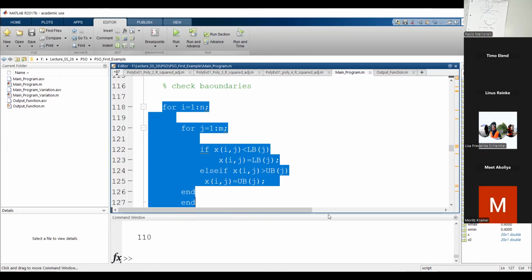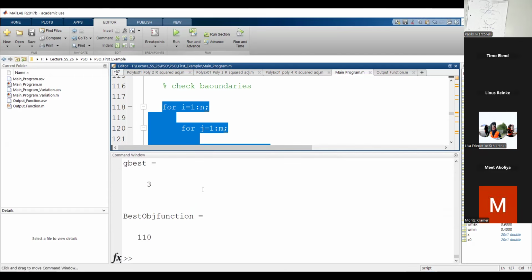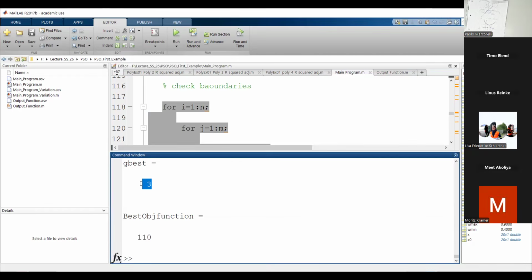Now we are waiting for 3. No? In fact, it's not 100, 110. 3. Fixed, because we fixed. We put exactly the boundary.